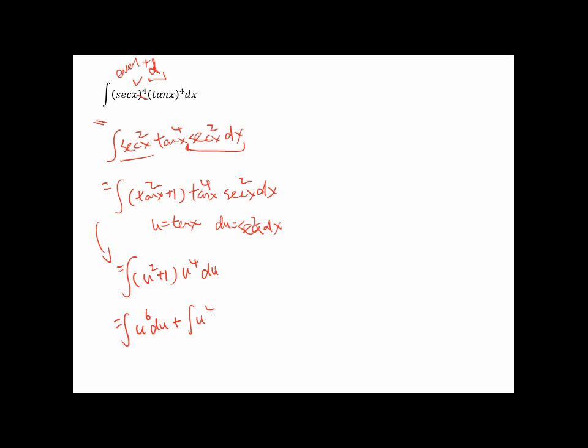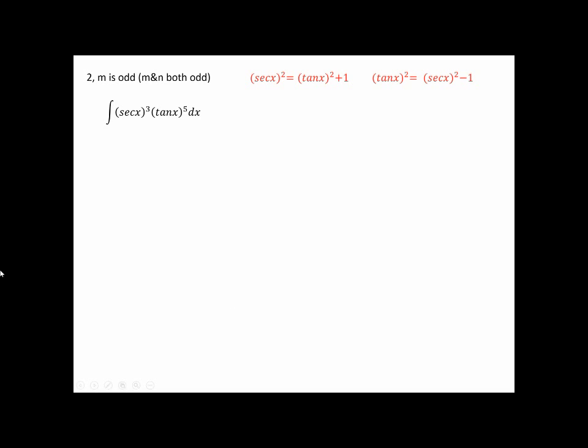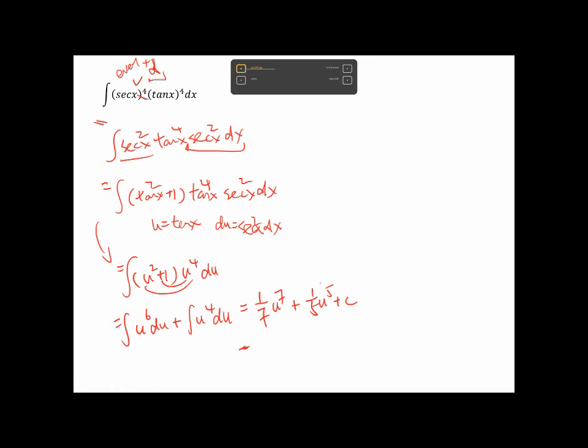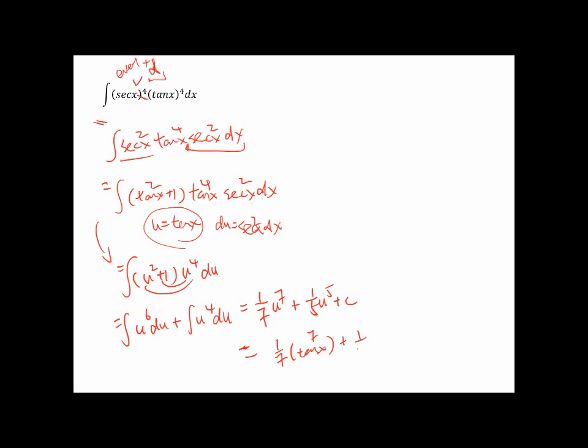Which equals u to the 6th du plus u to the 4th du. Multiply it in, separate it out, and then it equals 1 over 7 u to the 7th plus 1 over 5 u to the 5th plus c. Then put the tangent back: 1 over 7 tangent x to the 7th plus 1 over 5 tangent x to the 5th plus c.